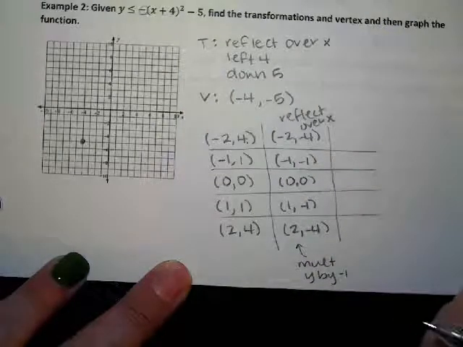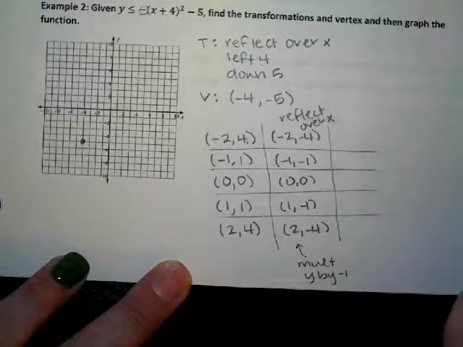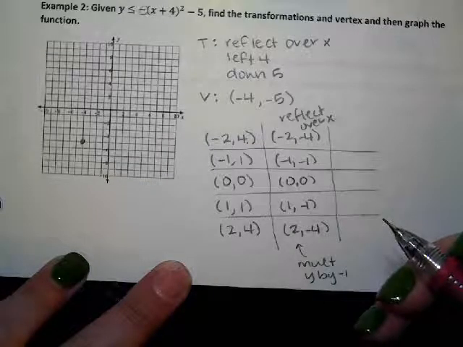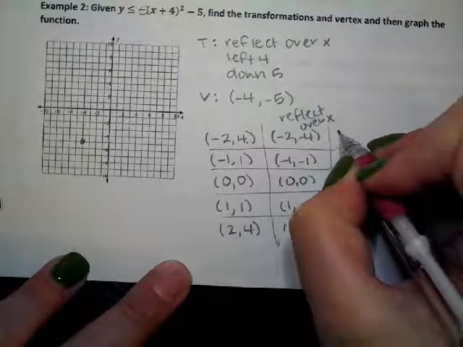How do we take the points and move them left 4? Okay, subtract 4 from the x coordinate.